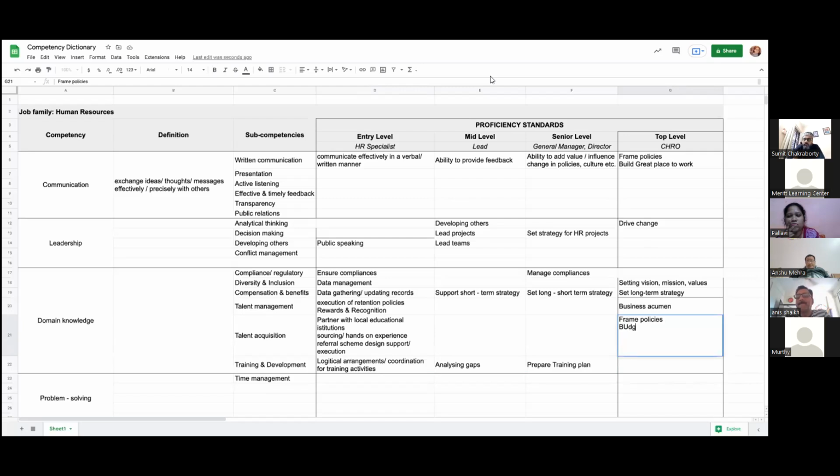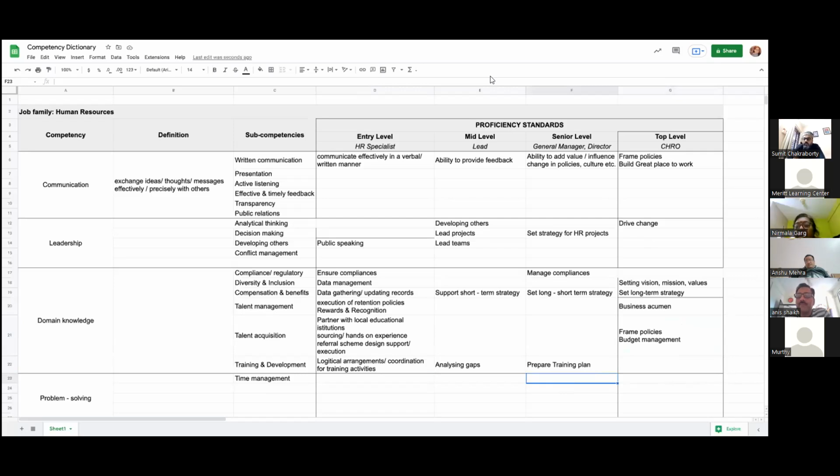Definitely, budget management. Apart from the budget at this level, I think there must be a development action plan for leadership level. So that would be his main objective.